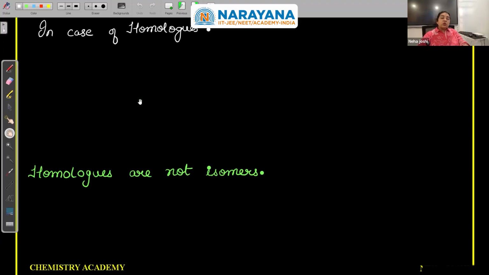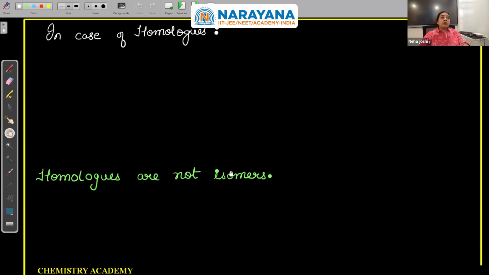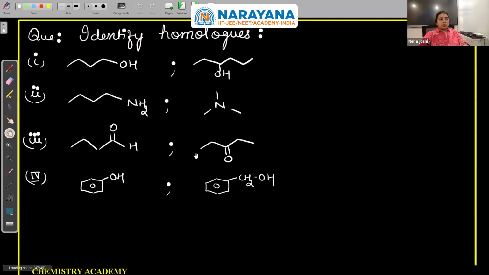Physical behavior, I don't want to say exactly similar in terms of same boiling point, same melting point, but relatively similar, right? Homologues are not isomers, certainly, because they do not have the same molecular formula. So those are the homologues.